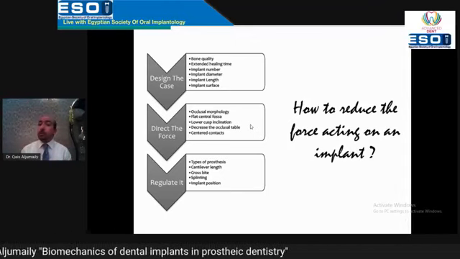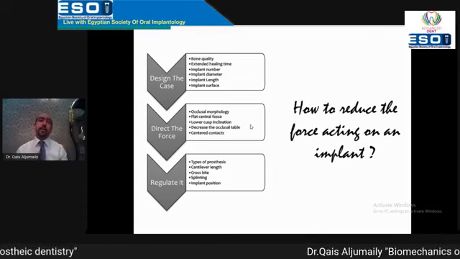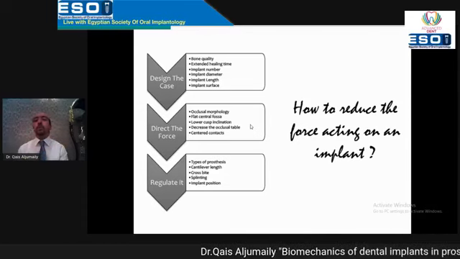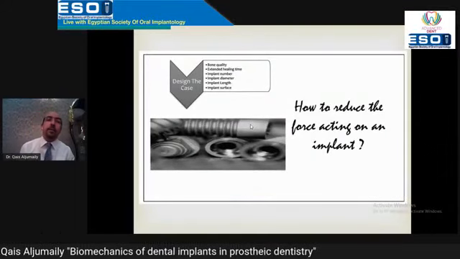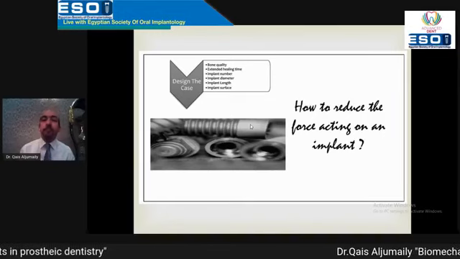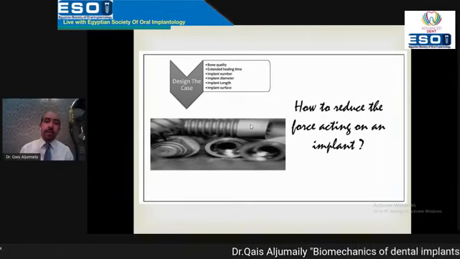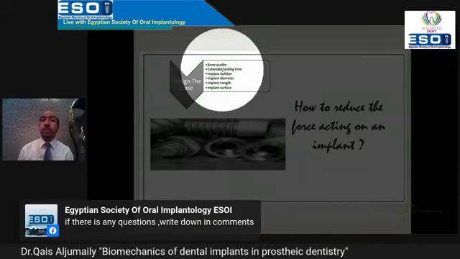So the principle is to decrease the force, increase the surface area to decrease the stress. How to decrease the force? We can play with the design, and that depends on the bone quality, and we have to extend the healing time to get better osseointegration.